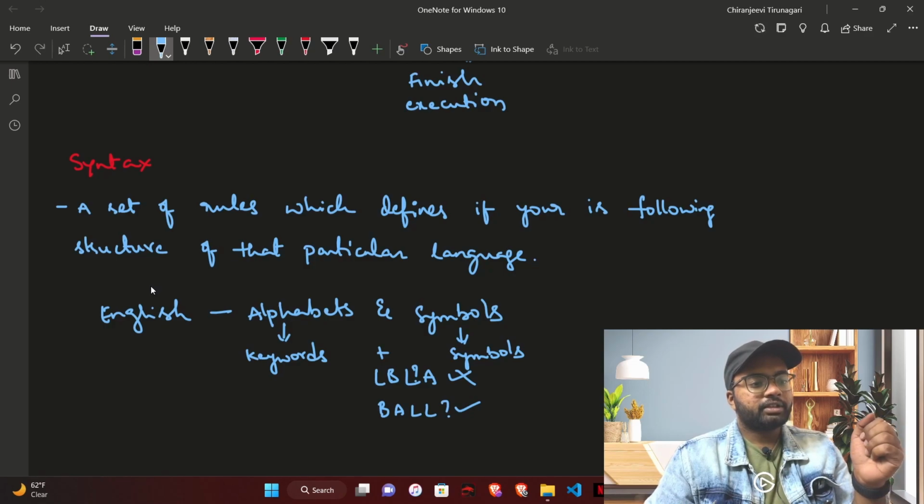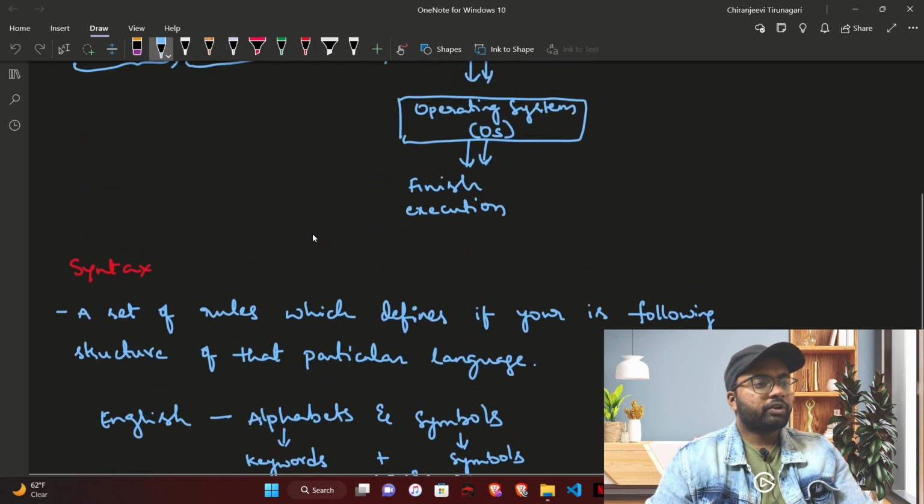So even if we write any combination of these keywords and symbols, it may not be correct because it's not following the particular structure of that programming language, just like how this is not following. And if we arrange them correctly, then it makes some sense. So the correct arrangement of these keywords and symbols is what syntax basically means.